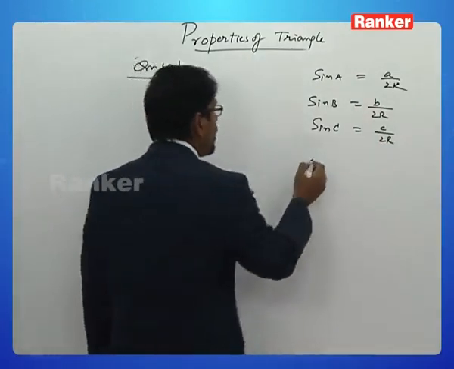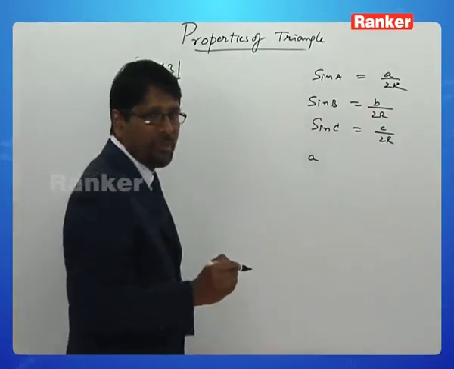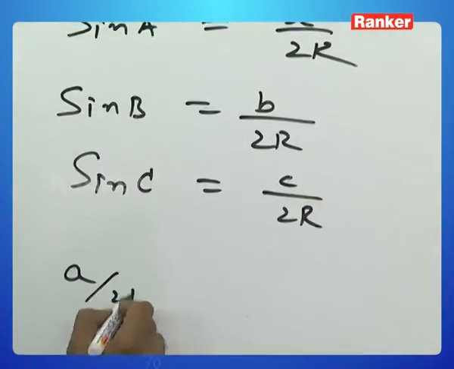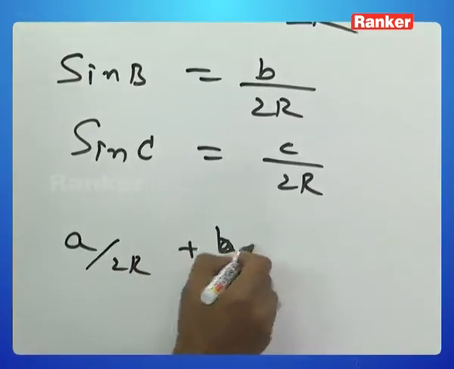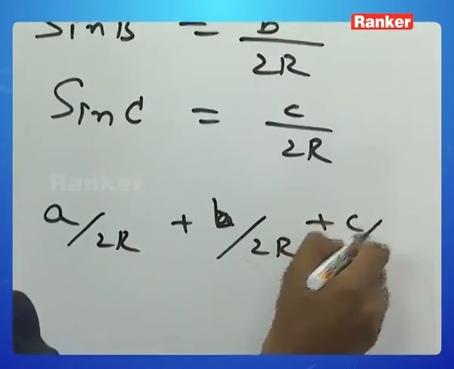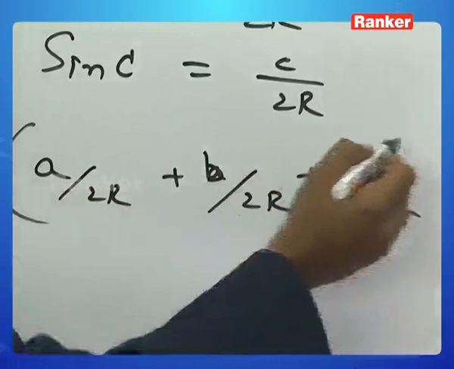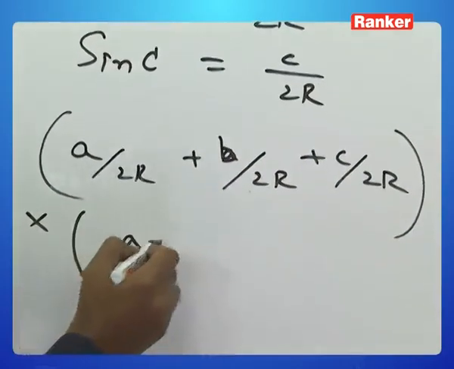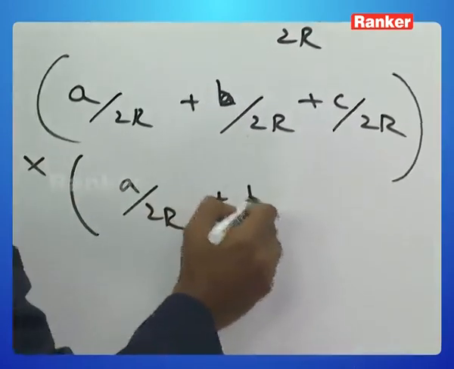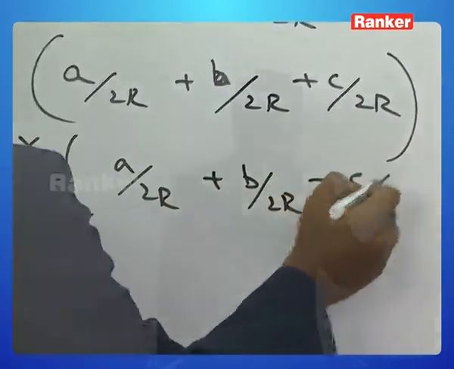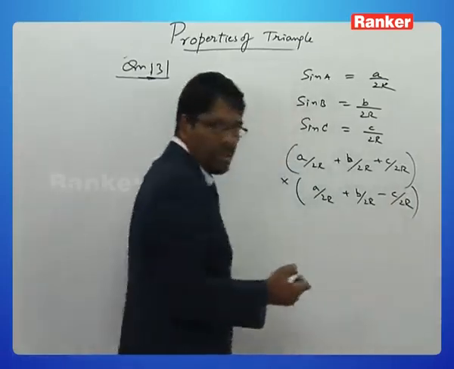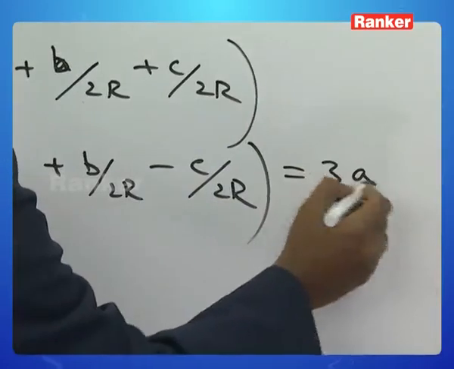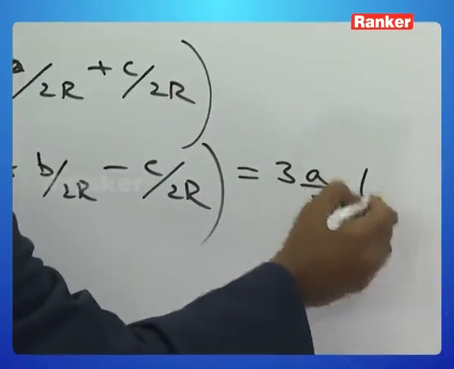We therefore have sin A plus sin B plus sin C as A by 2R plus B by 2R plus C by 2R, multiplied with A by 2R plus B by 2R minus C by 2R, is 3 times A by 2R into B by 2R.